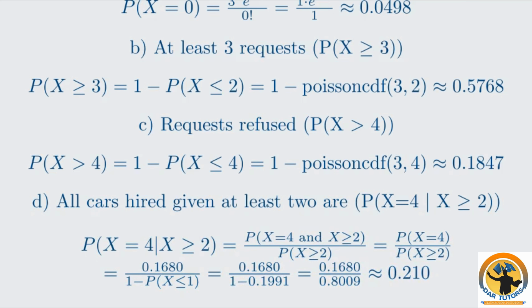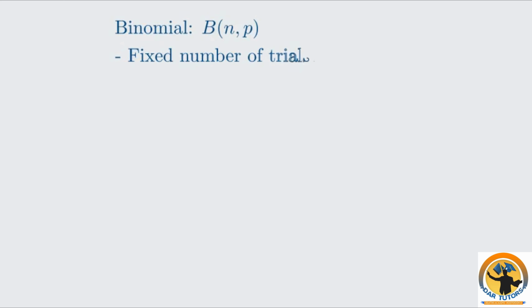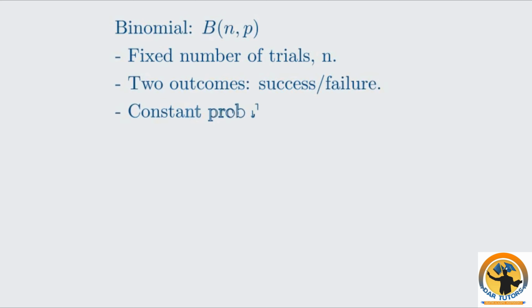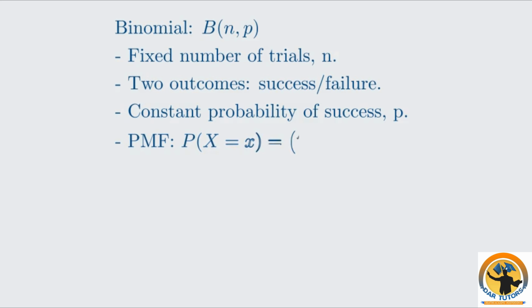So when do we use which distribution? Here's a quick summary. Use the binomial distribution when you have a fixed number of trials, each with 2 possible outcomes and a constant probability of success. You use the formula n choose x times p to the x times 1 minus p to the n minus x to find the probability of exactly x successes.